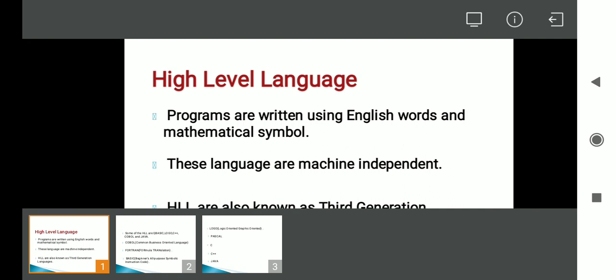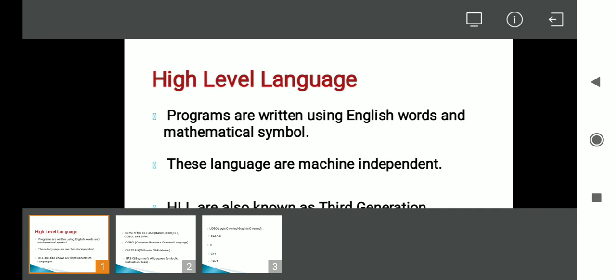I already explained about the first generation language and second generation language. First generation language is called low level language. Low level language uses binary digits, that is 0 and 1. 0 means off and 1 means on.